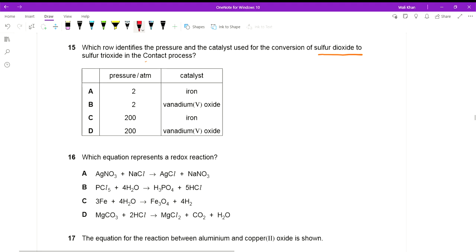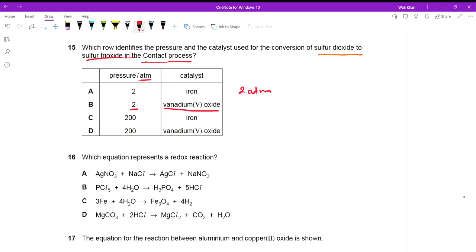Next is question 15. Identify the pressure and the catalyst used for the conversion of sulfur dioxide to sulfur trioxide in the contact process. If you remember the contact process, the catalyst is vanadium pentoxide, and the pressure is atmospheric pressure, which is 2 atm.